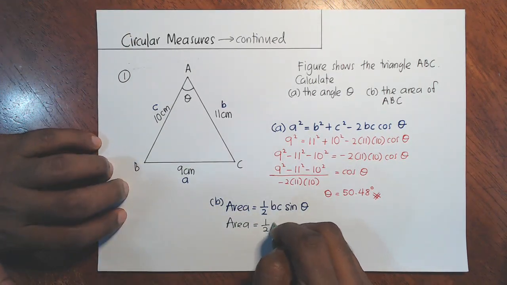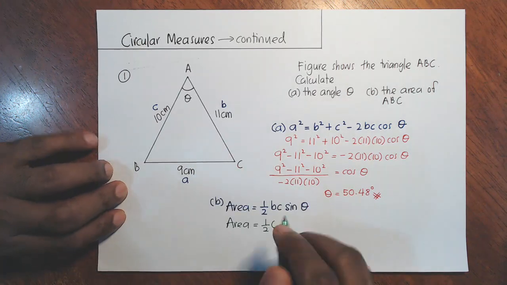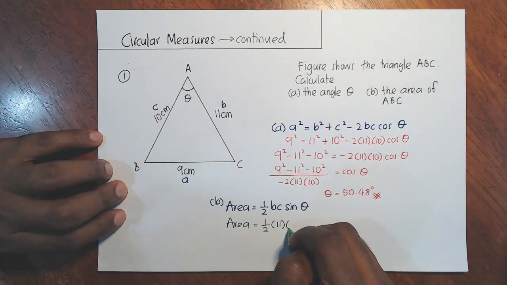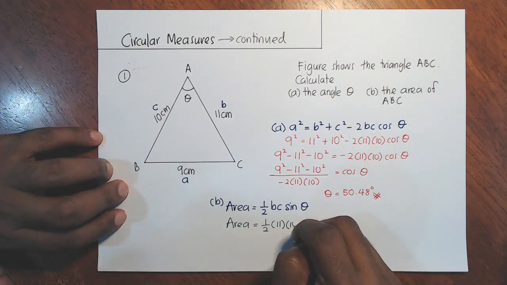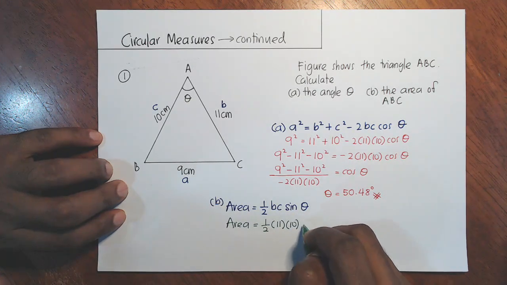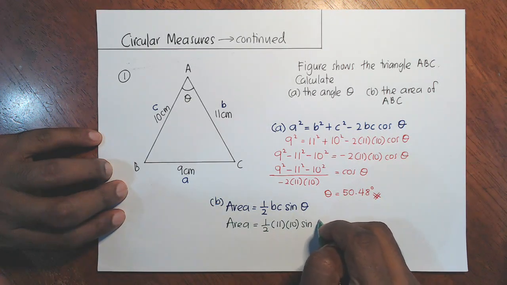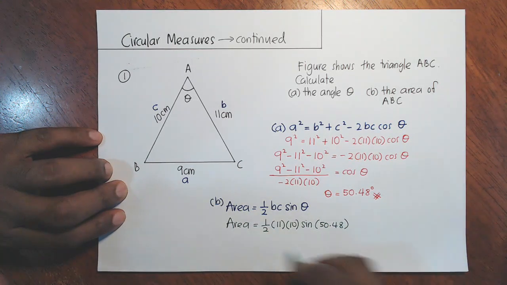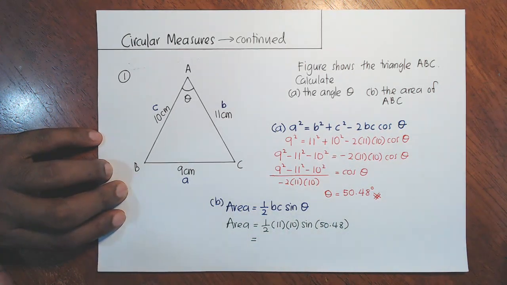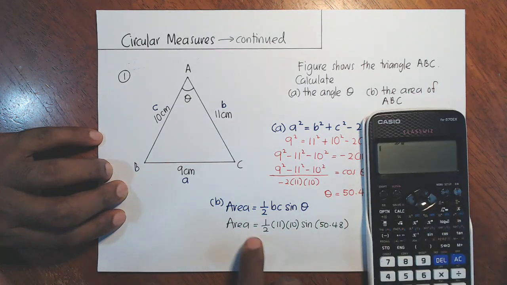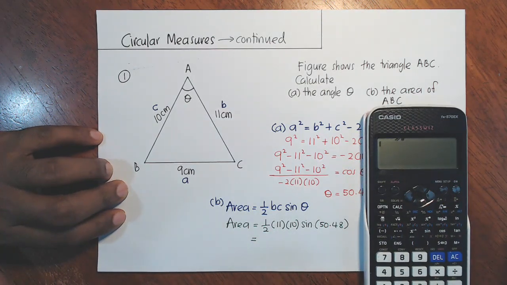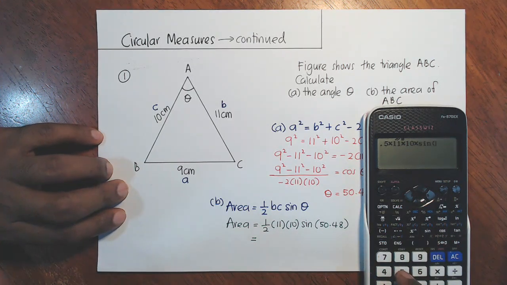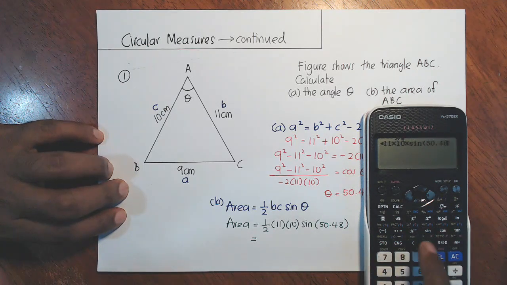So in this case, the area will be 1 over 2 times how much is b? It's 11, times how much is c? It's 10, and sine theta will be sine 50.48, and then you just type that out in the calculator. 1 over 2, you can just press 0.5 times 11 times 10 times sine 50.48.